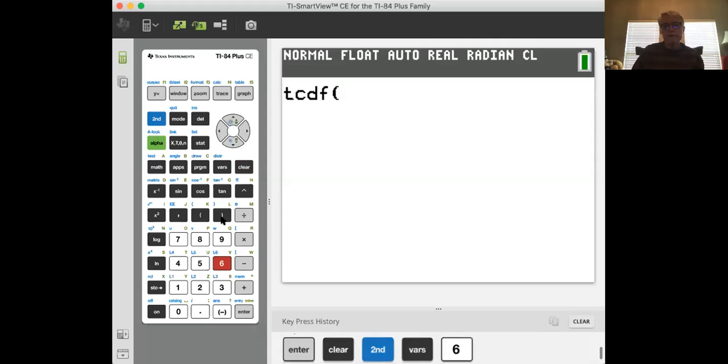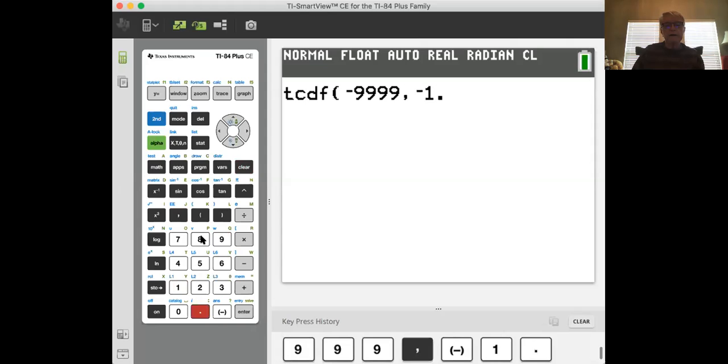And so we're going to use a large negative number. So negative 9999, comma, test statistic, negative 1.868, as I recall. Yes, 1.868.